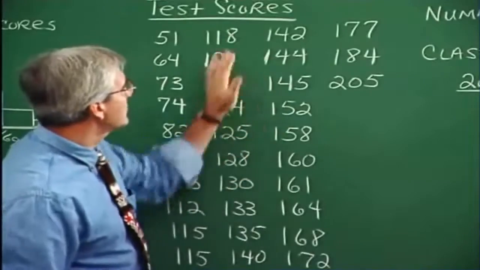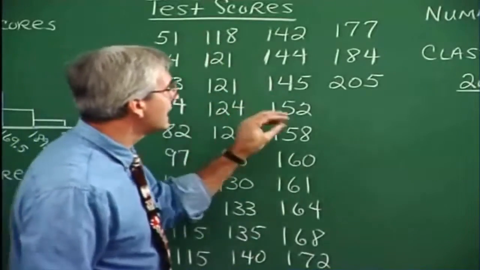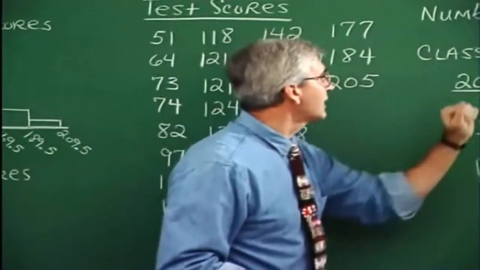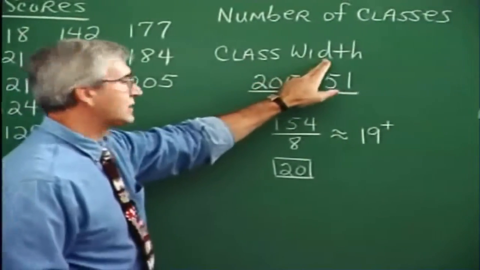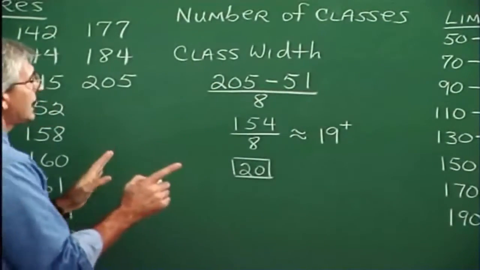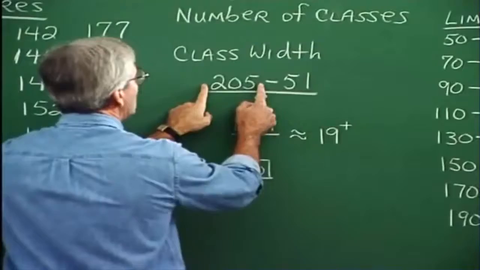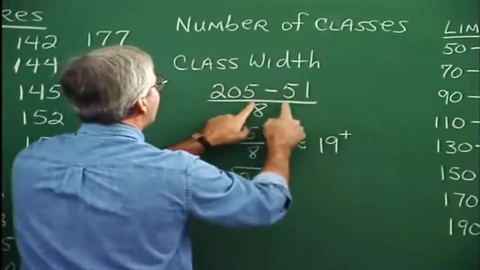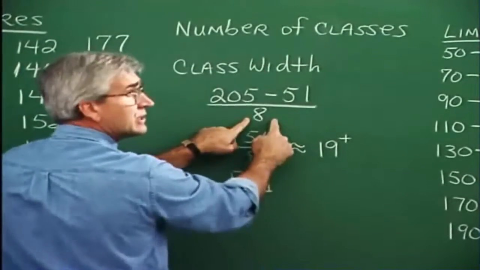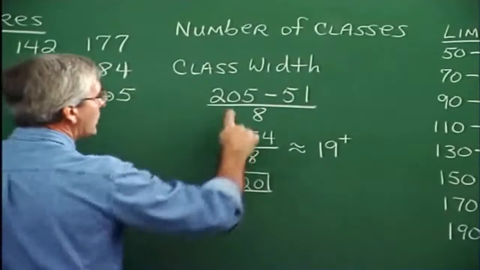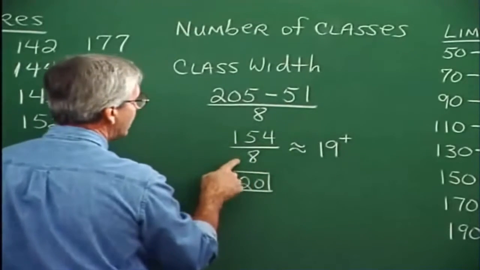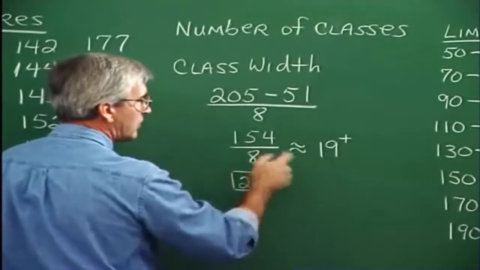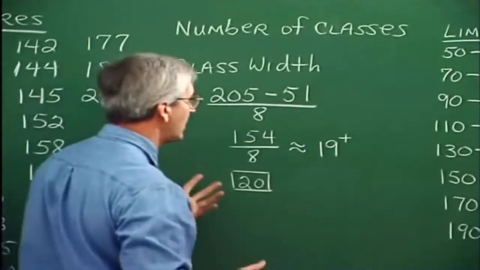Well, let's suppose we decide then that we're going to use 8 classes. So we decide on the number of classes, and now we want to decide on a class width. To decide class width, you take the largest score, subtract the smallest score, and divide by the number of classes that is intended. When we perform that calculation, we get 154 over 8, which is approximately 19, right about 19.